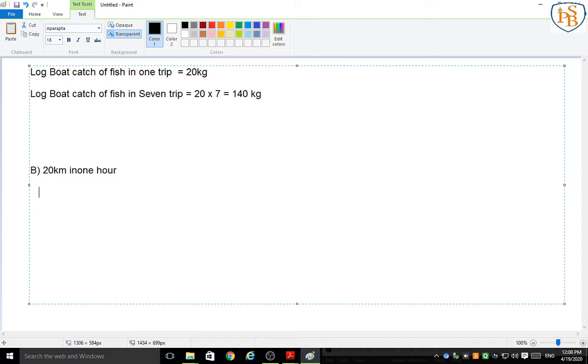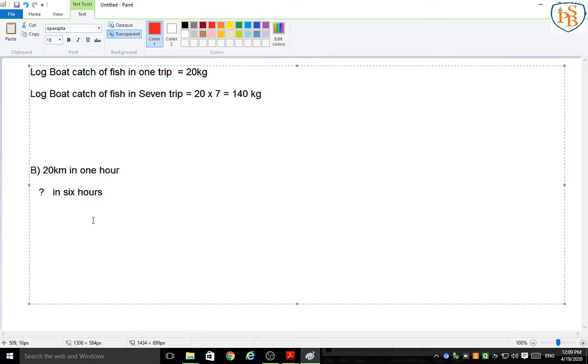So how much will it travel in 6 hours? How can you find out?